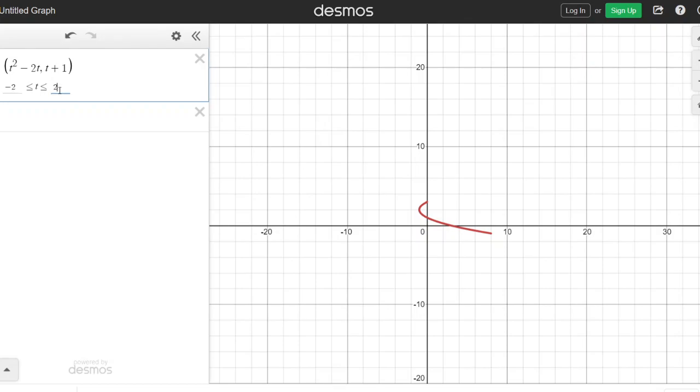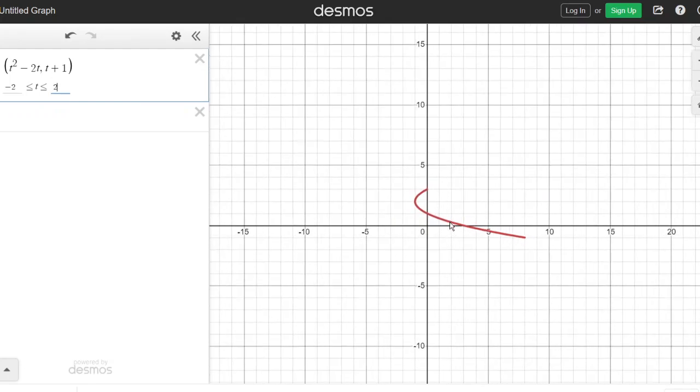We also treat this one as a curve with a direction. I think a t value of 2 will give you that point, and a t value of -2 will give you that point.